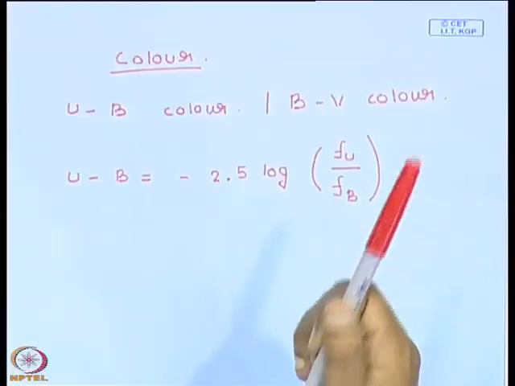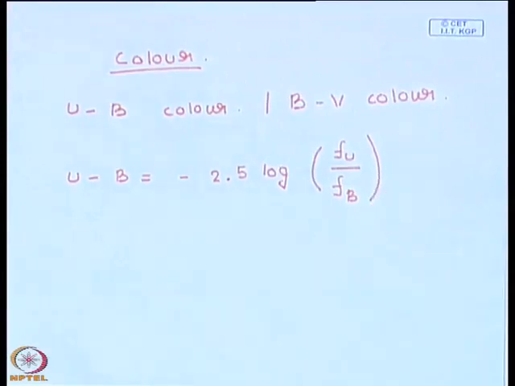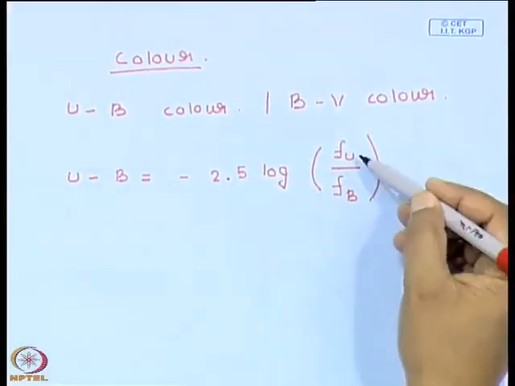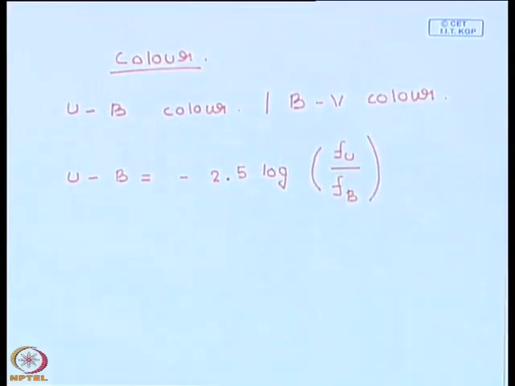When I refer to the color of any object, I am wearing a white t-shirt, or this is a red pen, it essentially refers to the relative contribution of the radiation in different wavelength bands, which is what the color quantifies. It is a relative contribution in different wavelength bands.